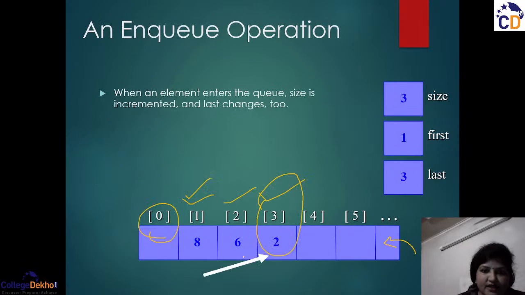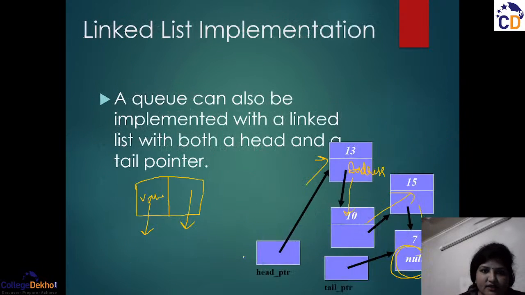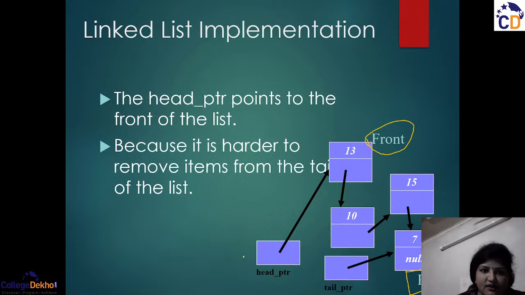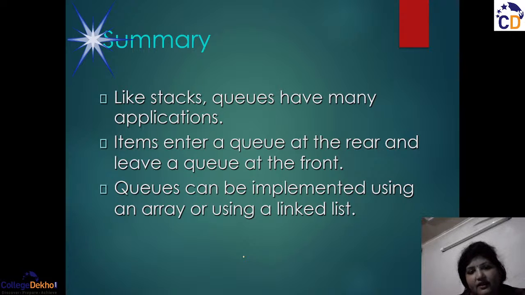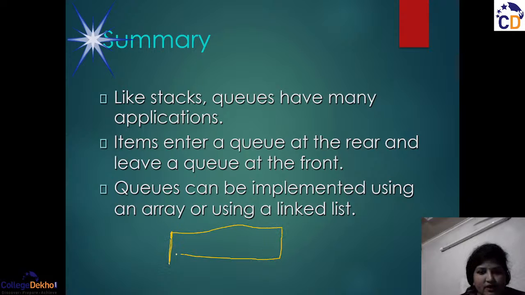Now let us see the items enter a queue at the rear, right, and leave a queue at the front. So basically the member which is inserted first. Let me give you one example also, because it is very important to have the structure.